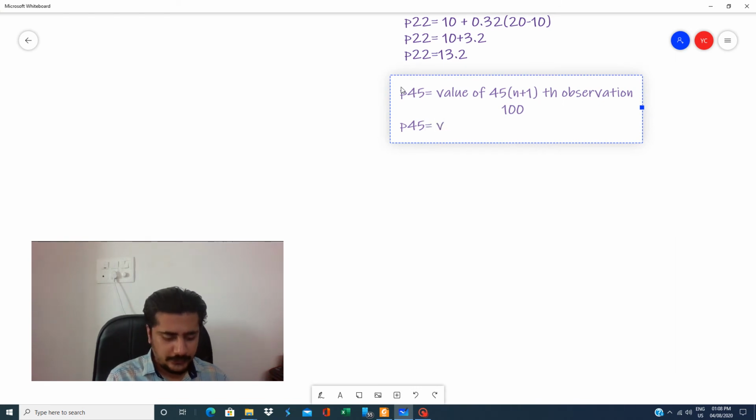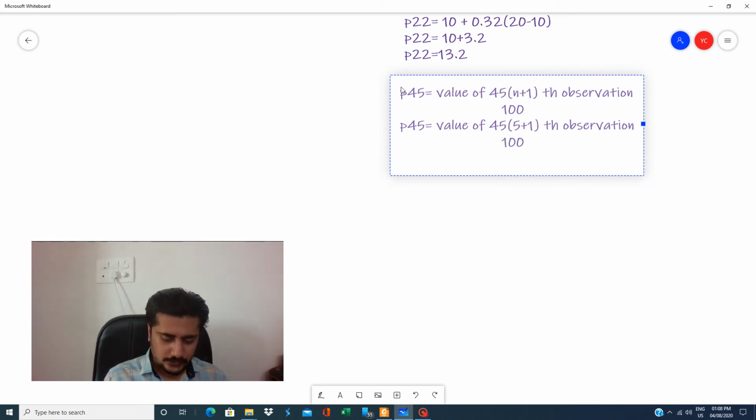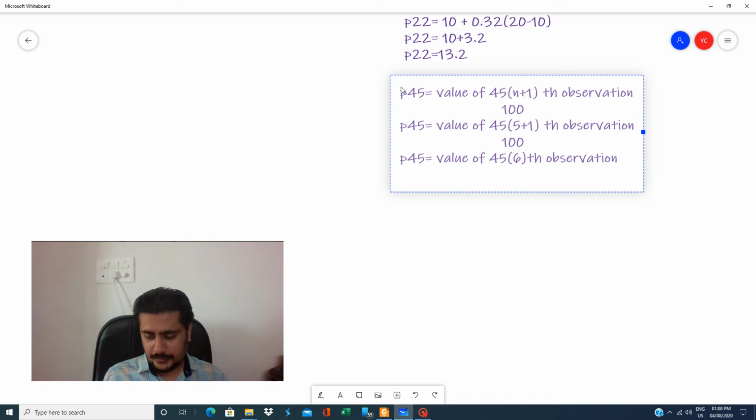So P45 is value of 45 into 5 plus 1 upon 100. So P45 is value of 45 into 6 upon 100.